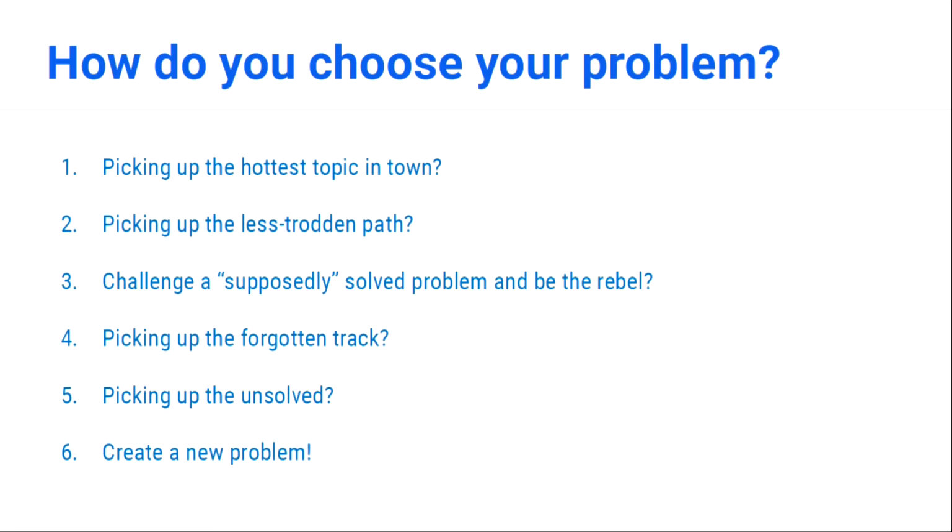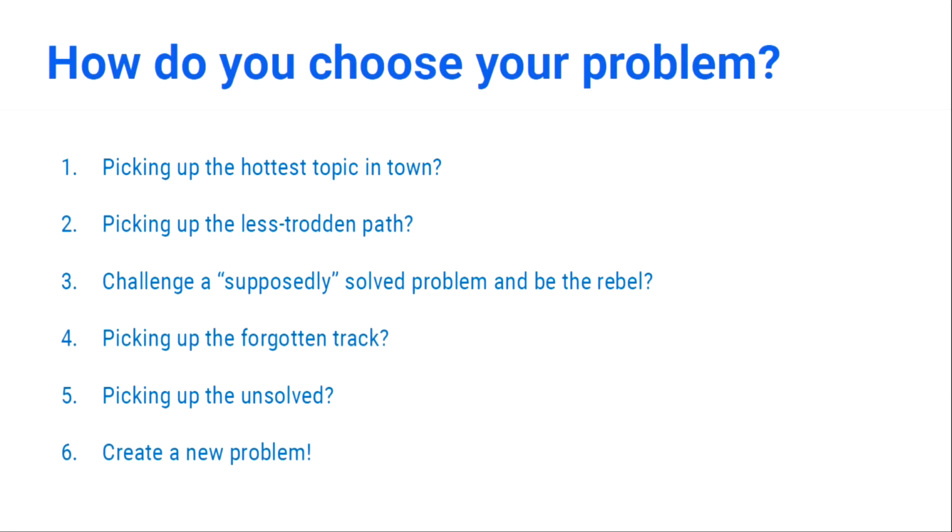Okay. Second one, picking up the less trodden path, the road not taken, sort of. Challenge a supposedly solved problem that everybody thinks is solved, but you have doubts and you are challenging it, like a rebel. How many of you are of this character? Okay, great. Picking up a forgotten track. Forgotten, it's not less trodden, it's just forgotten.